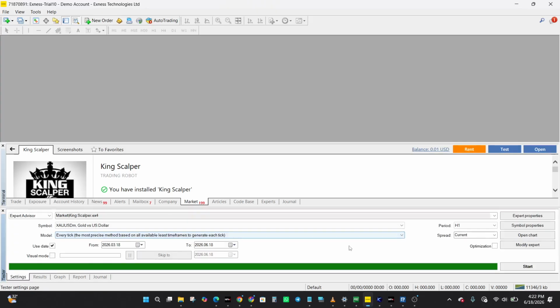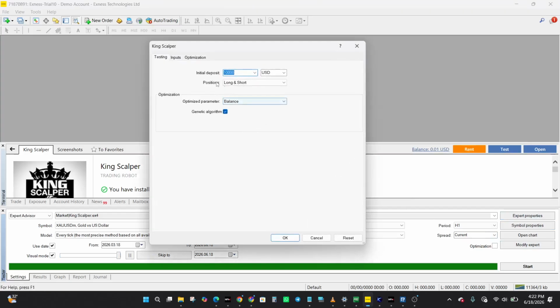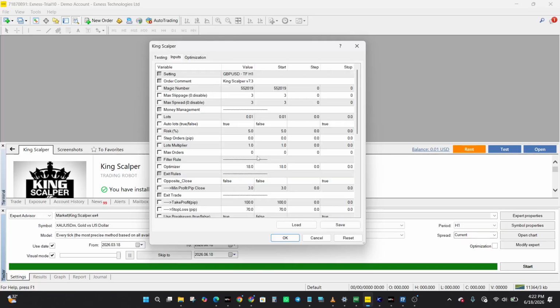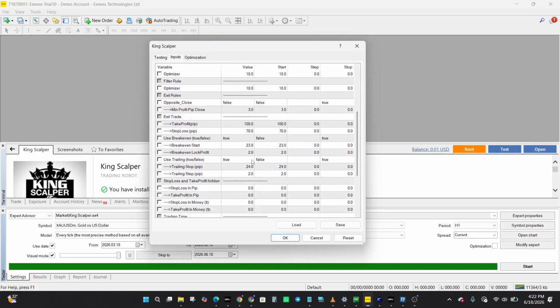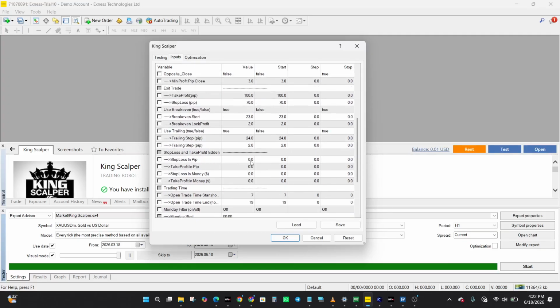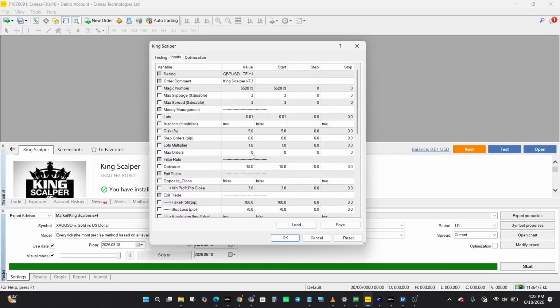Let me turn on the visuals, and let's just quickly check the export properties. I'm just going to increase this deposit, and I don't think there will be anything for me to modify here.